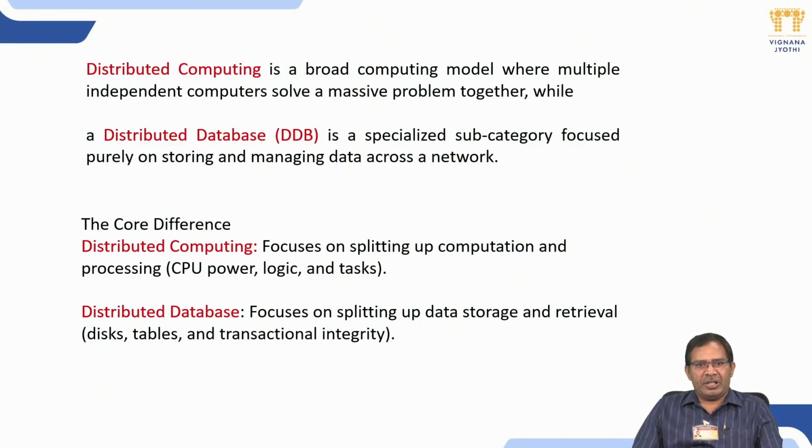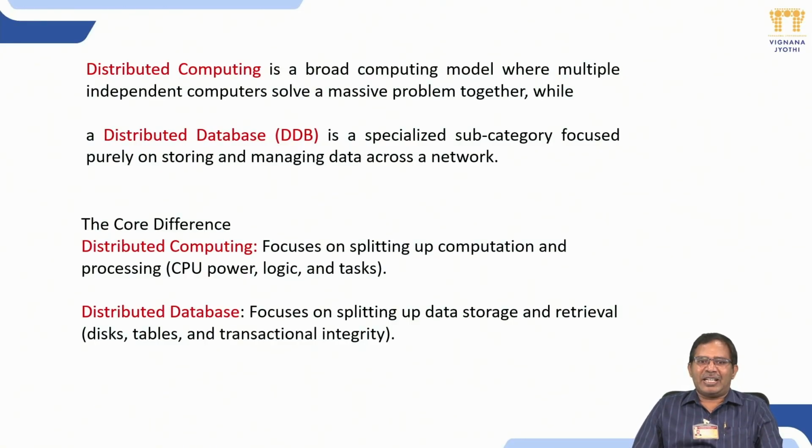In the broad sense of difference, distributed computing focuses on splitting of computation, processing like usage of CPU, usage of logic built, and usage of tasks to be worked together.